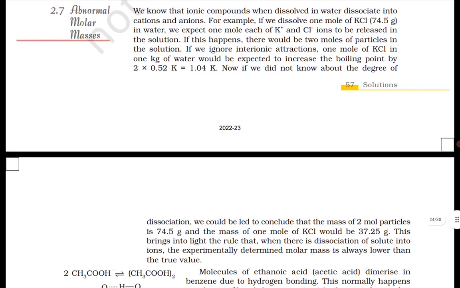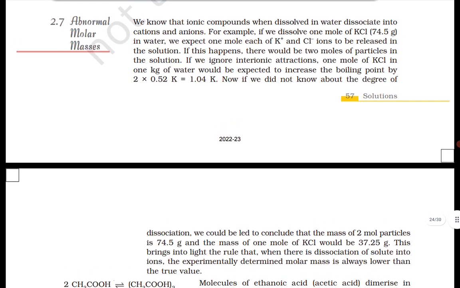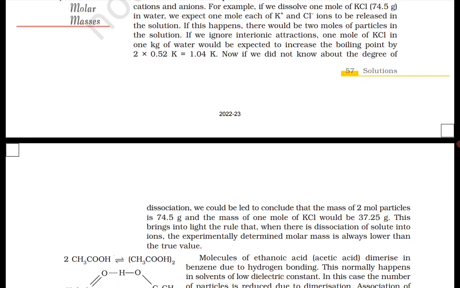Abnormal molar masses. We know that ionic compounds, when dissolved in water, dissociate into cations and anions. For example, if we dissolve 1 mole of KCl (74.5 gram) in water, we expect 1 mole each of K+ and Cl- ions to be released in the solution.